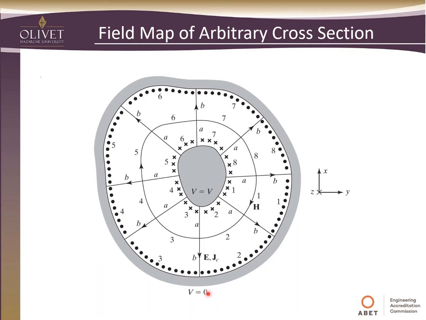We'll have at the edges the voltage equal to 0, and on the inside conducting surface we're applying a voltage, arbitrarily say V. So I think we have everything defined here. With these definitions, of course, Z is going in and out of the board, X is up, and Y is to the right. So let's move forward and see if we can put some mathematical definition to what we see here.